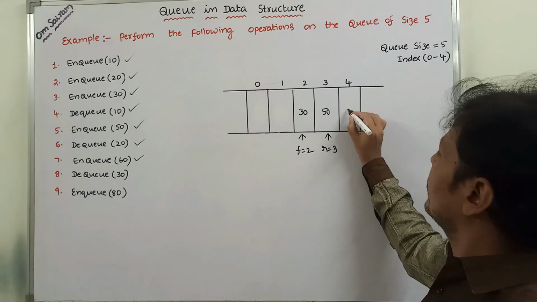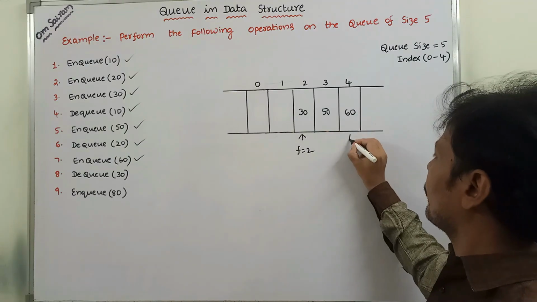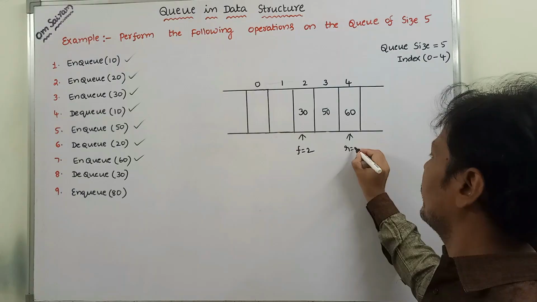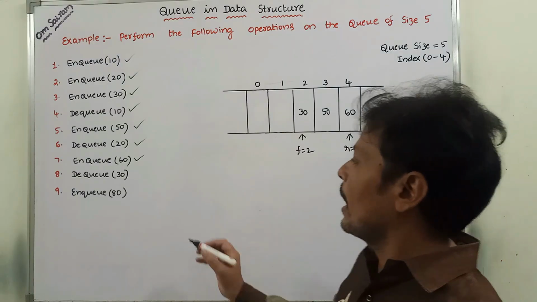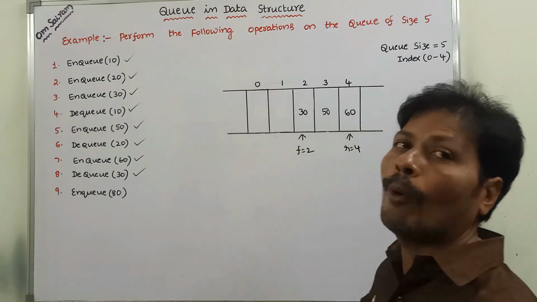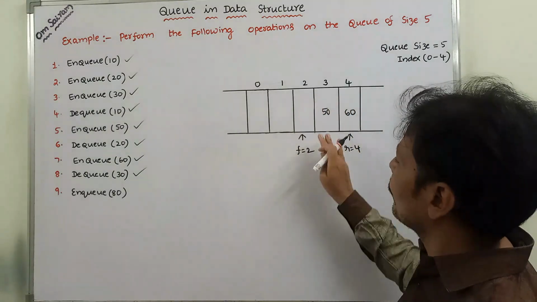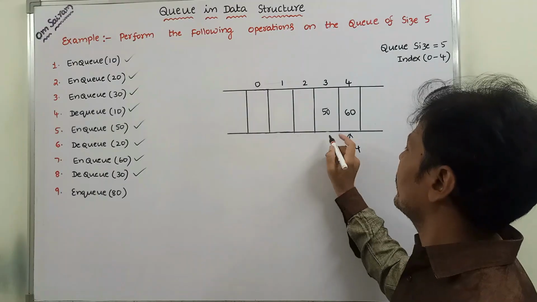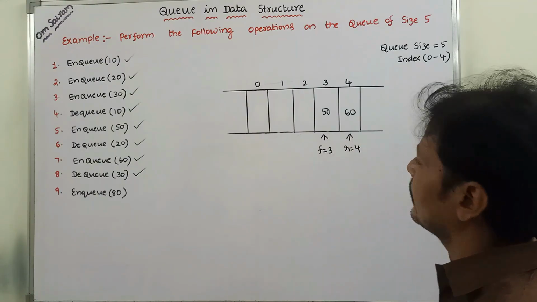Now we are inserting element 60 into the queue so that the rear pointer is incremented from 3 to 4. Next, we have to perform DQ of 30. Now we are deleting 30 from the queue so that the front pointer is incremented from 2 to 3.